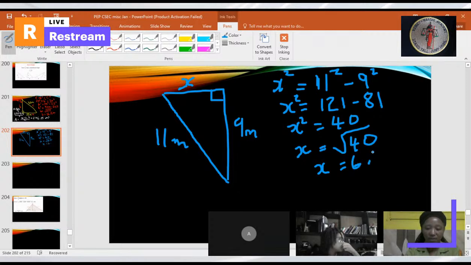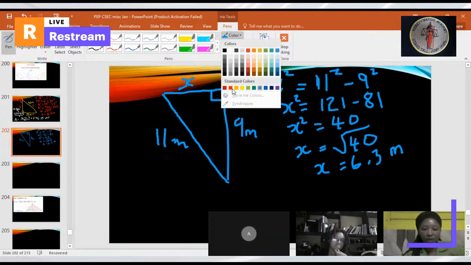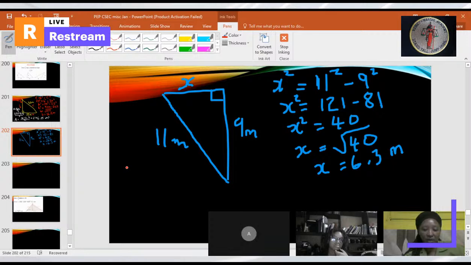What's the unit? Meters. Is it meters? Yes, miss. All right. And then we plug the 6.3 into the triangle. We need to find the area, which is base times height over 2.